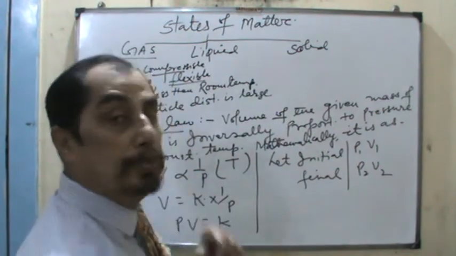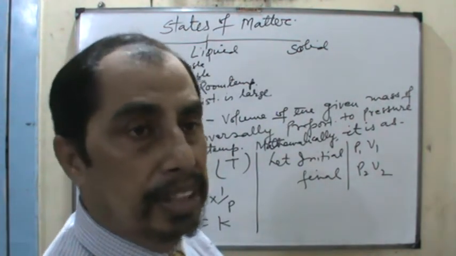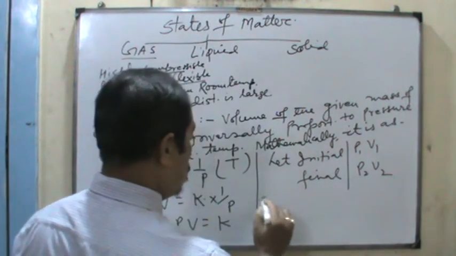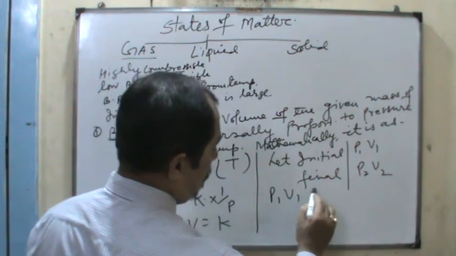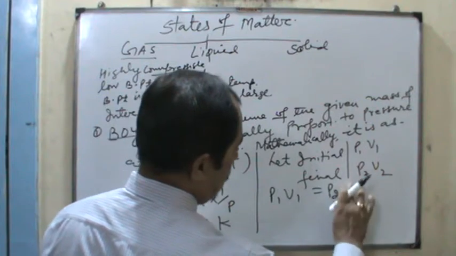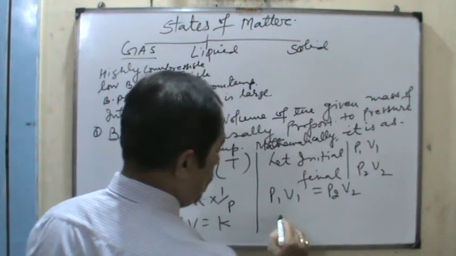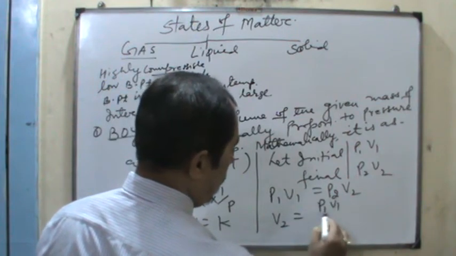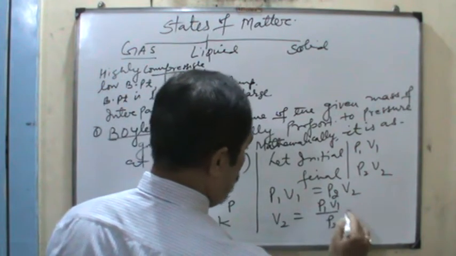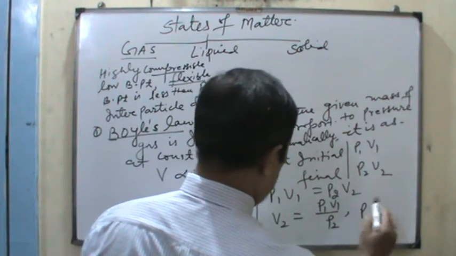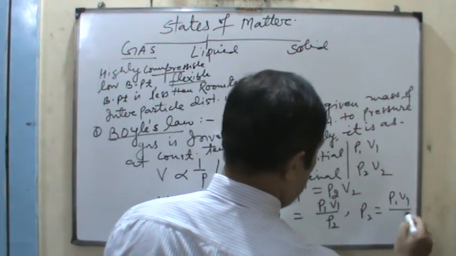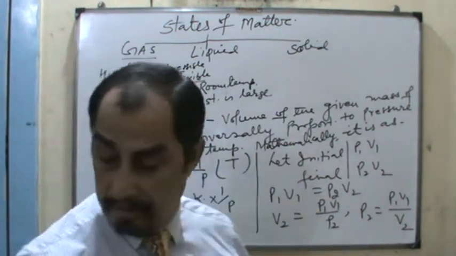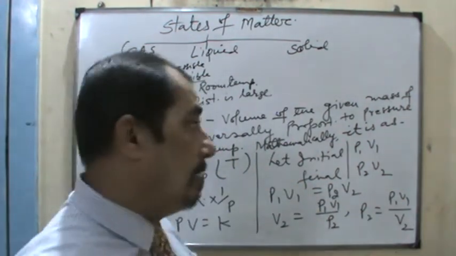Out of the four parameters, if three are given, then the fourth can be calculated. So according to this law, P1 V1 equals P2 V2, or V2 equals P1 V1 upon P2, or P2 equals P1 V1 upon V2.